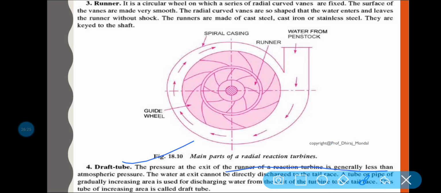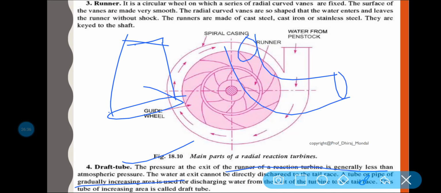A tube or pipe of gradually increasing area, maybe conical shape or maybe an elbow shape like this, is used for discharging water from the exit of the turbine to the tail race. This tube of increasing area is called your draft tube.